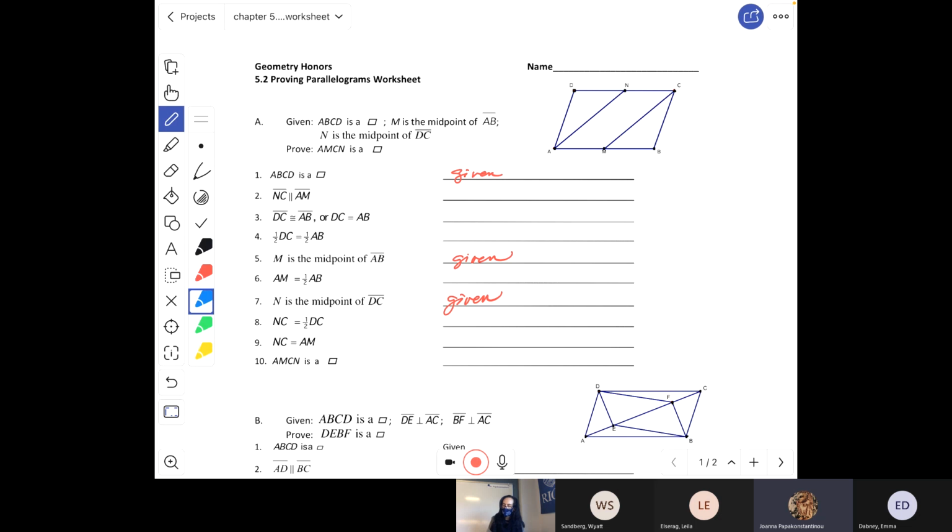So if you've done A, go ahead and try B. Again, you've been given all of the facts, you just have to provide the justification.